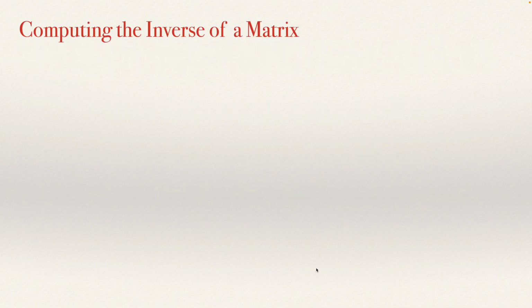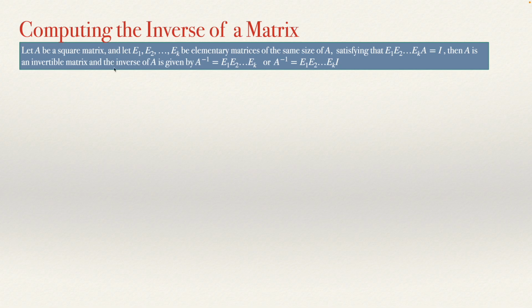We can compute the inverse of a matrix if we observe the following. Assume that E1, E2, until the last one, Ek, are elementary matrices of the same size as A, and that satisfy that if you multiply E1 times E2 times all of them until the last one, Ek, multiplied by A, you get the identity. If that happens, if you multiply all these matrices and you get the identity, obviously, if you multiply E1, E2, until Ek, you are going to find a matrix.